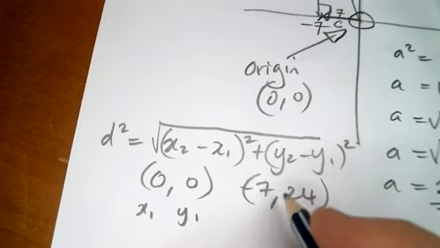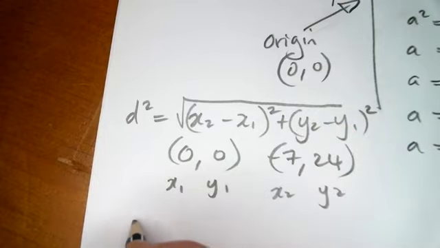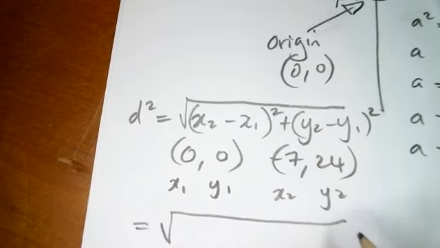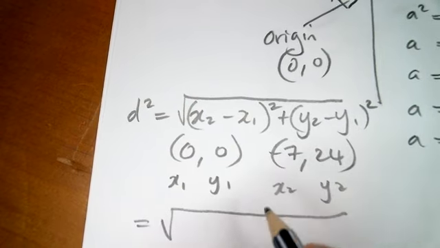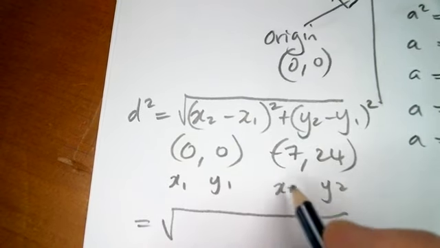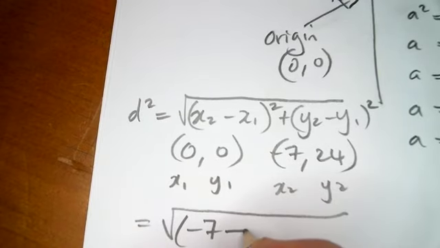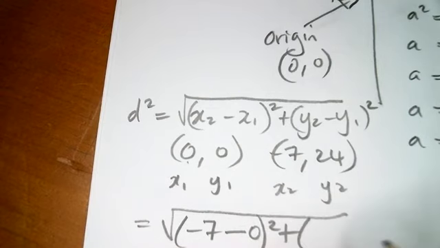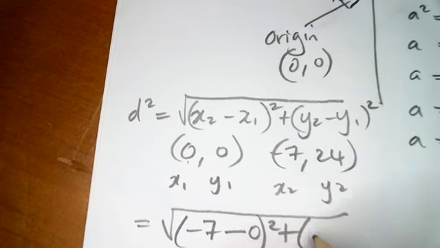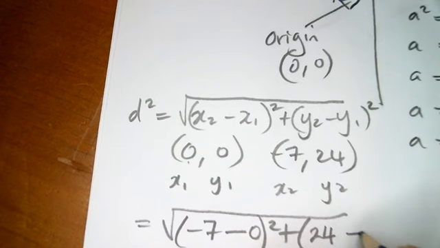Now let's substitute those values into the equation. So we're going to have the square root of, what was x2? Yes, minus 7, so I've got negative 7 minus x1, which is 0, and I'm going to square all that and add to it y2, which is 24, and then subtract from that y1, which was 0, and square it.